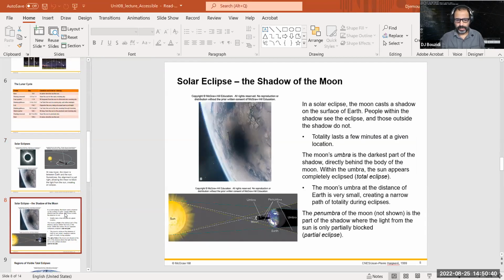So again, you will have either a full lunar eclipse or a partial lunar eclipse, meaning that part of the moon goes under the shadow of the Earth.